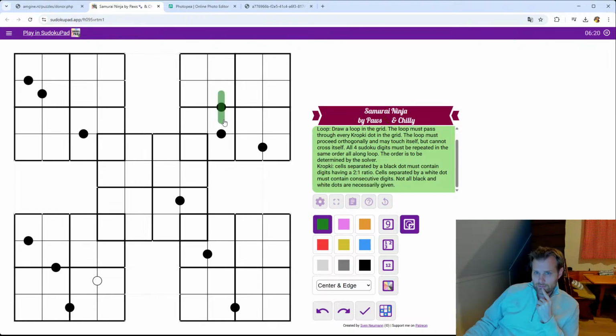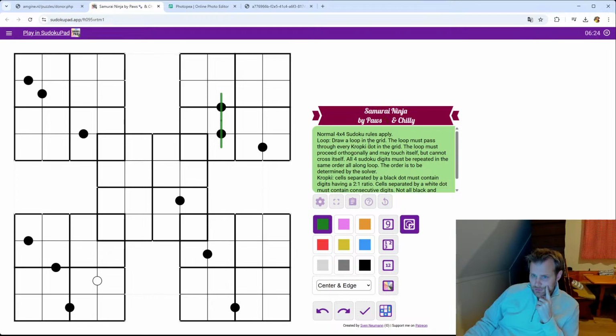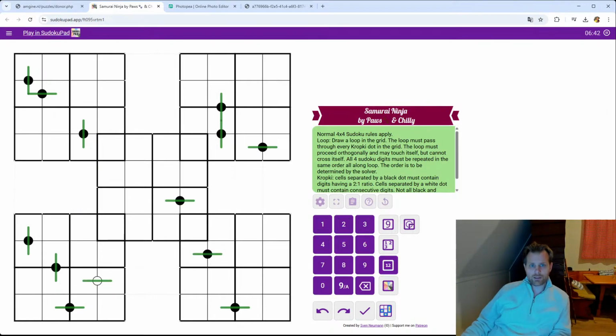Okay, so I think we can... So the loop must be through every crop key dot, right? Yes. So, oh, I can do it like this. What I can immediately do is put 1, 2, 4 here, and put a 3 there. That's a 2.